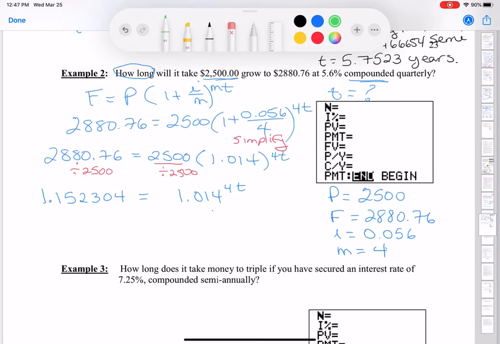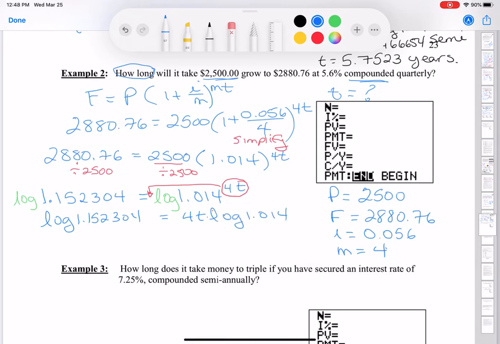And now this is algebraically where you take the log of both sides. And once you've taken the log of both sides, you know that this exponent can come right down to the front. So I can rewrite this as the log of 1.152304 equals 4t log 1.014.